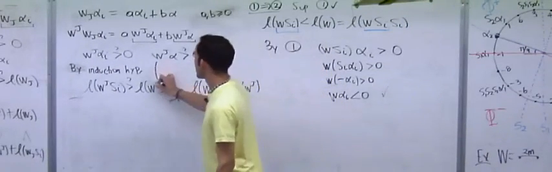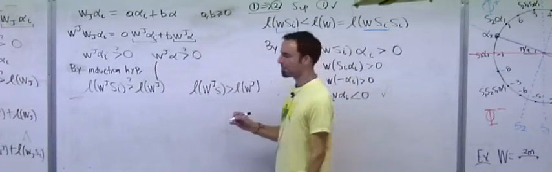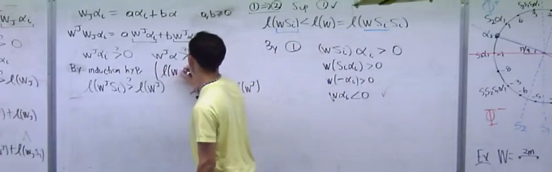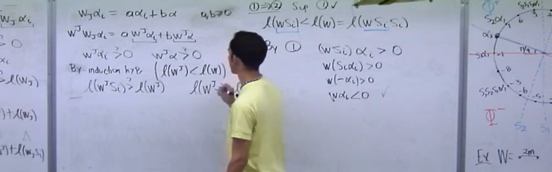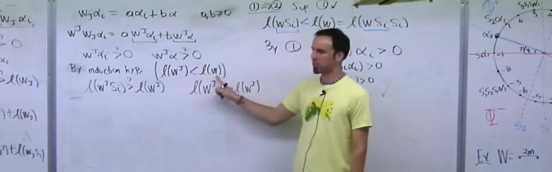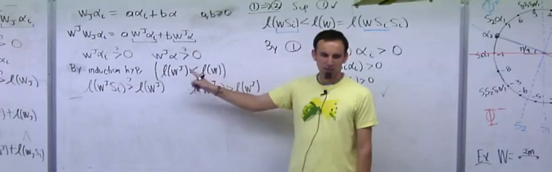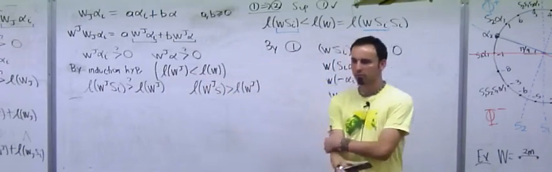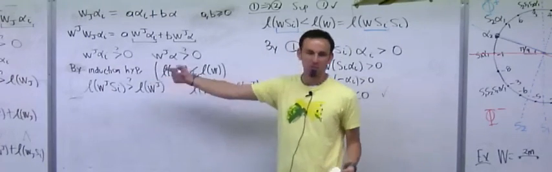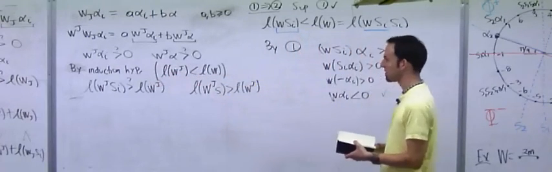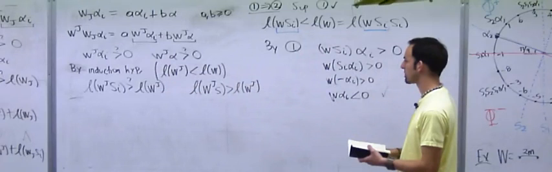Now, of course, if I want to use the induction hypothesis, I need to check that this is true. Right? That this guy really is shorter than this. But I'll let you think about that for a second, and you'll see that that's very simple. Basically, length of W is this plus something, and you just have to show that something is not 0. Okay?